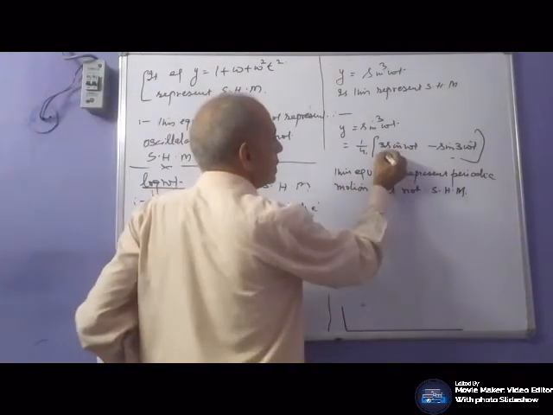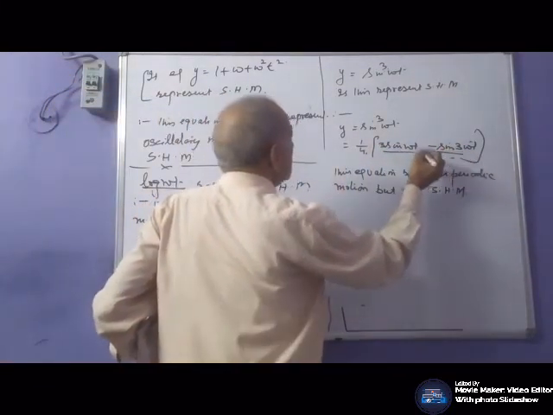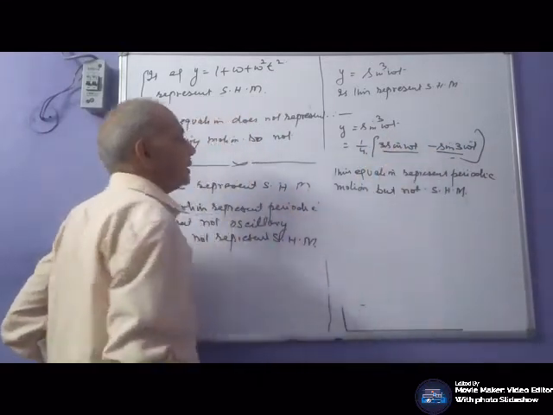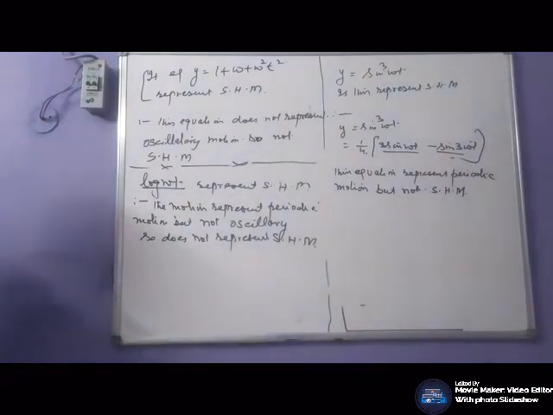Why? Because we cannot make it into a single equation of the form y equals A sin omega t in any way. So these are a few questions on whether a particular equation represents S.H.M. or not.